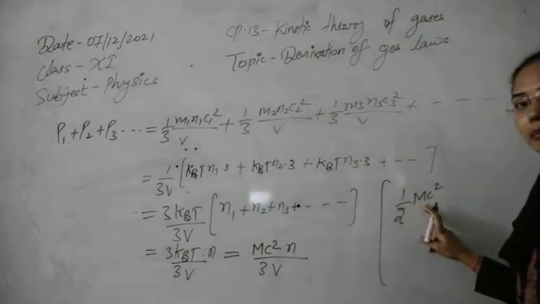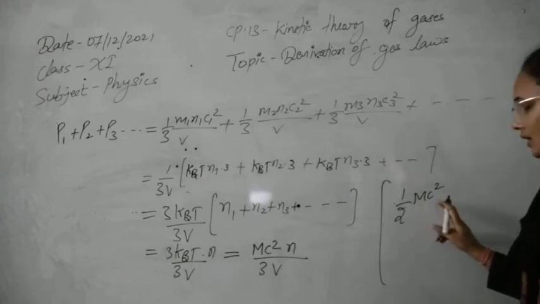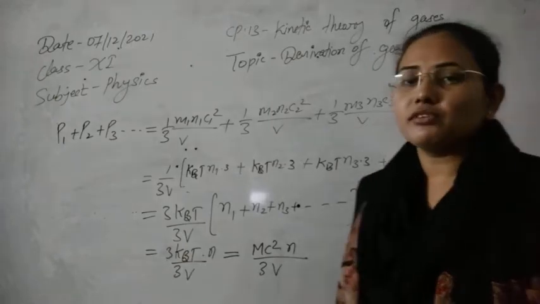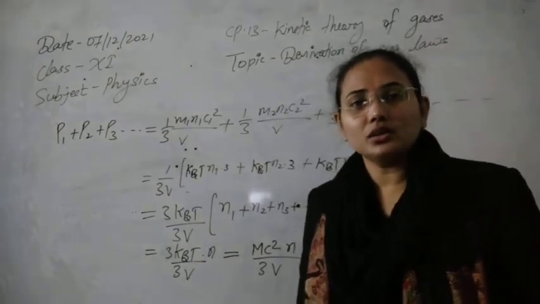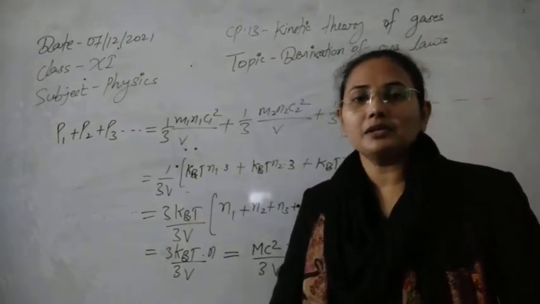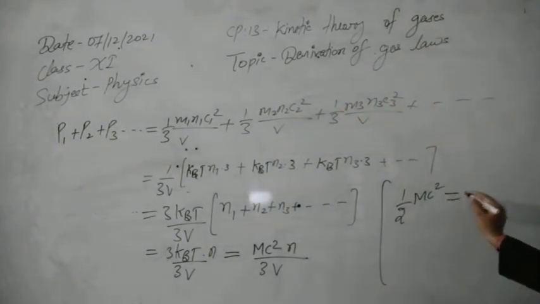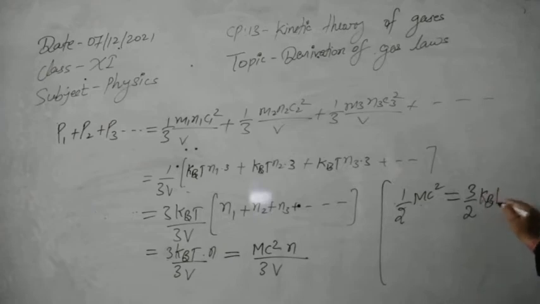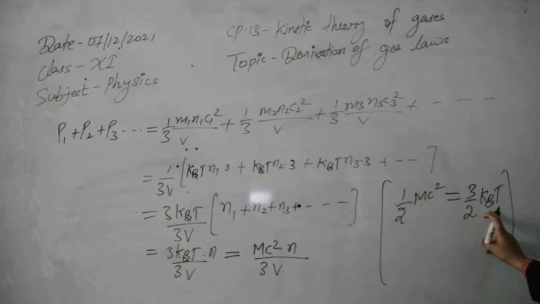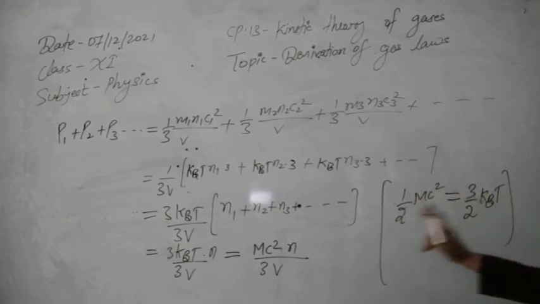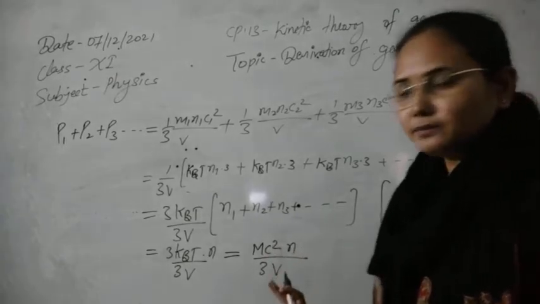Suppose m is the mass of the mixture of the gases, c is the RMS velocity of the mixture after mixing, and c square will be equal to 3 by 2 kBT according to the kinetic interpretation of the gas, as temperature remains constant and kB is already a constant. So we can now calculate mc square, that will be equal to 3 kBT. So that I have written here.